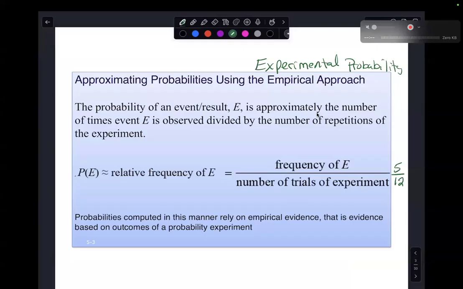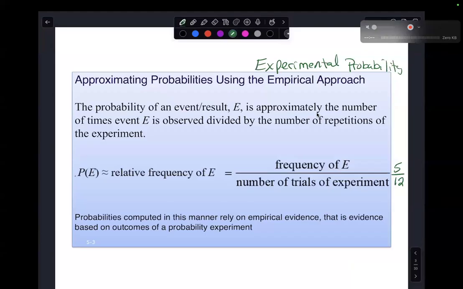This is just basically a relative frequency. That is exactly what it is. This is just the probability with our experimenting. And the more times, and we're going to talk about this in a few minutes also, the more times I roll the dice, the closer you're going to get to the actual probability of it happening. This is our empirical approach. Based on this, the probability of rolling an even number is slightly less than half.